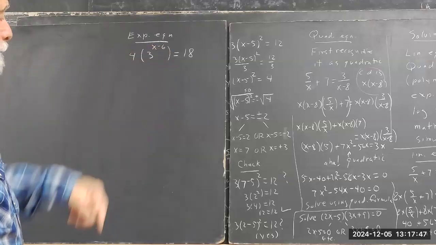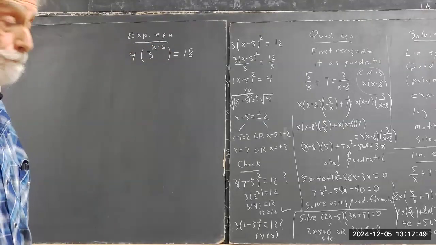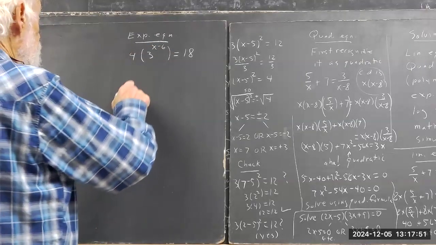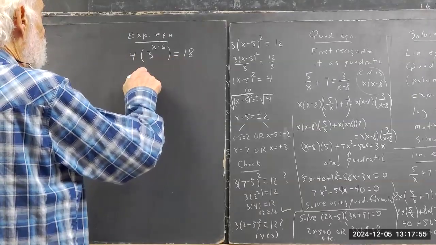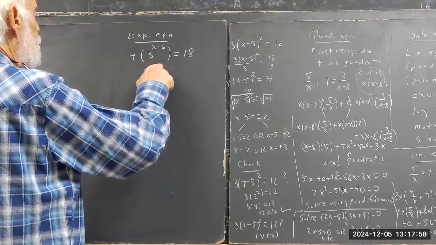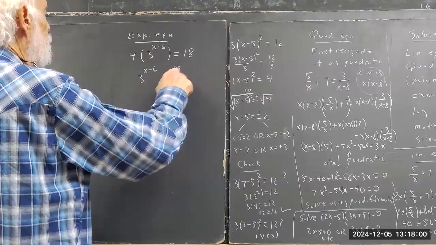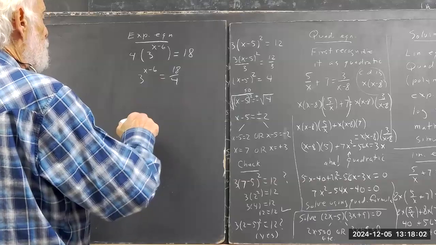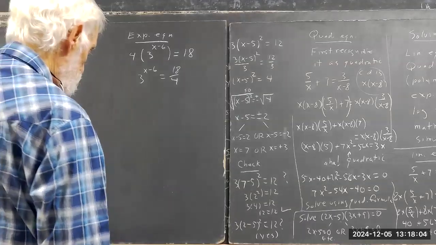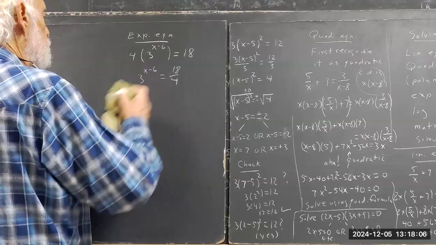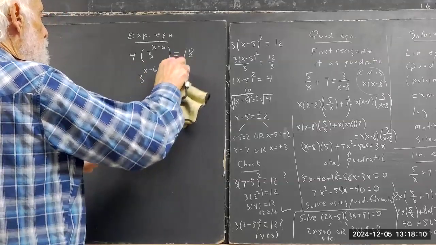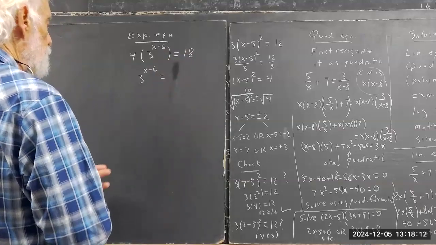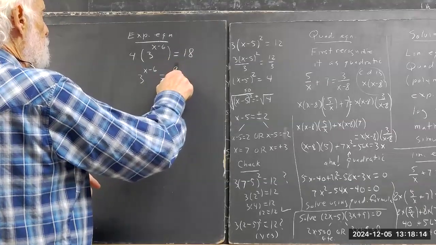Four times 3 to the x minus 6 equals 18. Well, we can divide both sides by 4 and you get 3 to the x minus 6 equals 18 over 4, which of course is 9/2.